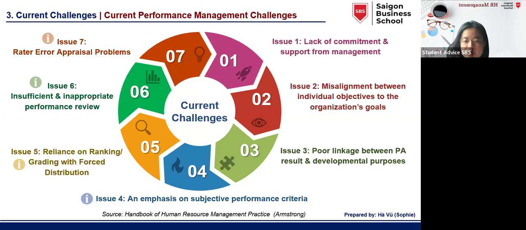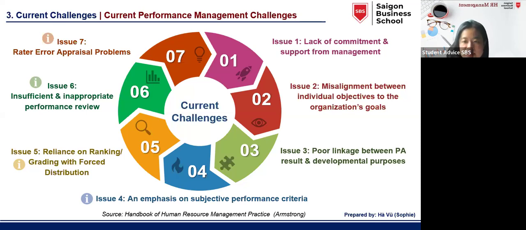The third issue is a poor link between appraisal results and development purposes. As you have been introduced before, performance appraisals are intended to support administrative, developmental, and research purposes. But enterprises usually focus too heavily on the administrative side, such as determining pay increases based on the performance result.